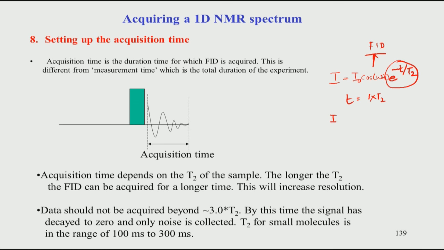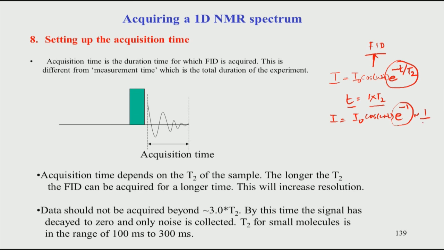So, if I take t equal to 1 times T2, then your I is basically I0 times e to the power minus 1. Let us ignore the cosine term, because that is just an oscillation. Here you see the exponent becomes minus 1 because t is equal to T2. Now, this is 1 over e, and 1 over e is 1 over 2.7.